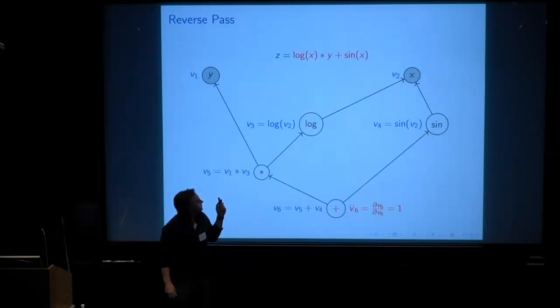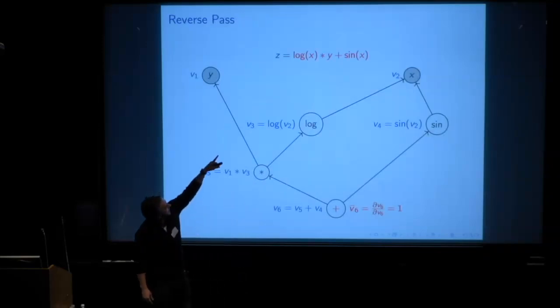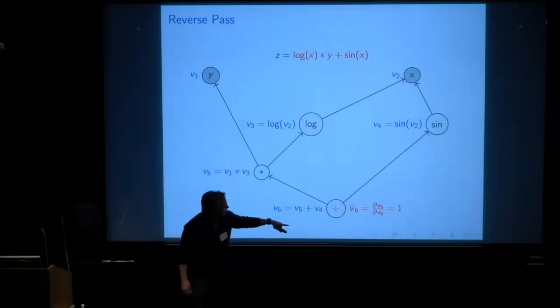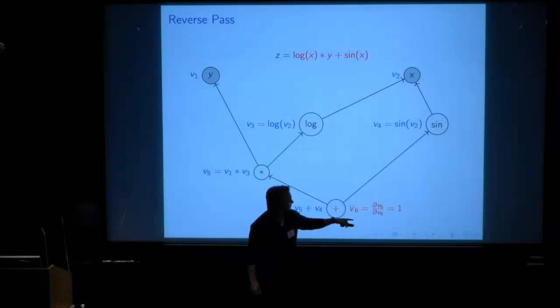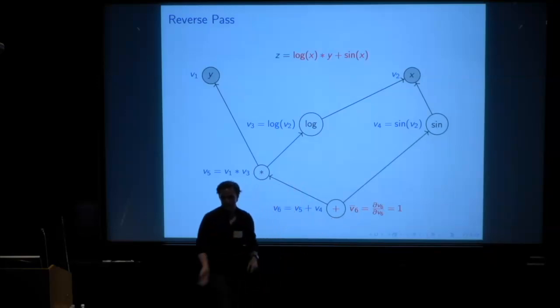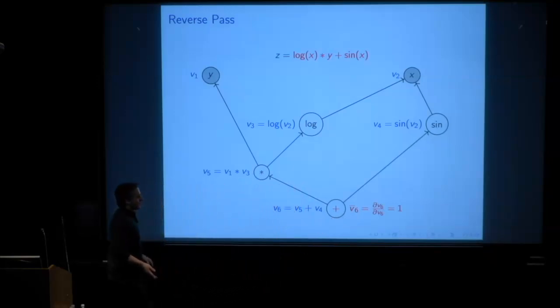So just going back to this graph, we're starting with the very bottom node. We're going to do the partial of V6 with respect to itself because it is the last node. There's nothing else that it depends on. And you just get back a gradient of 1.